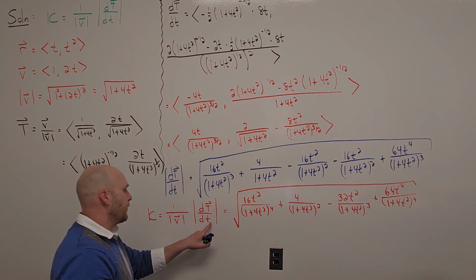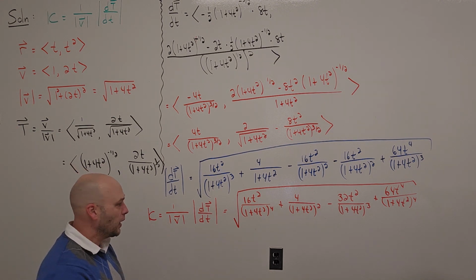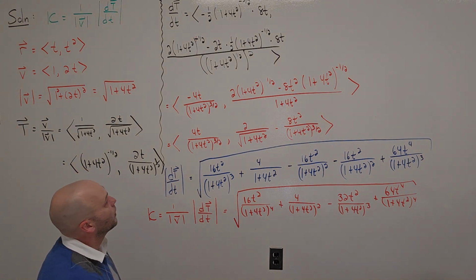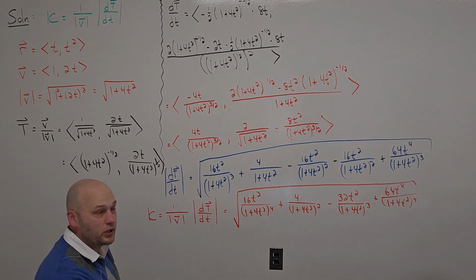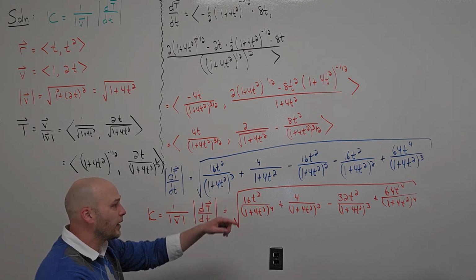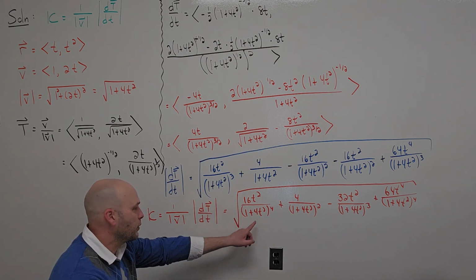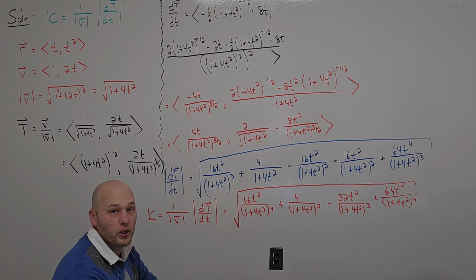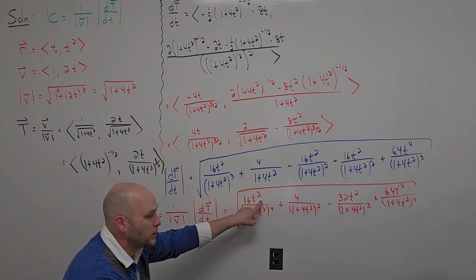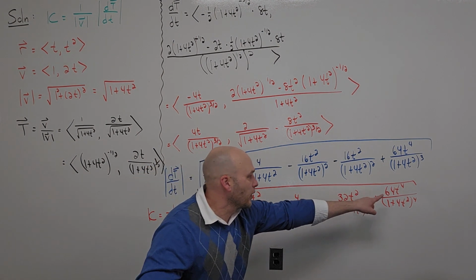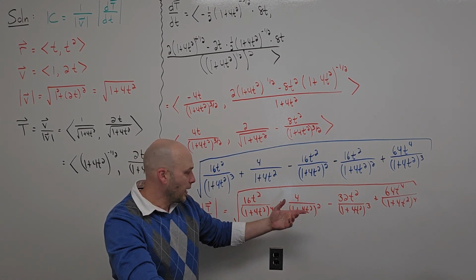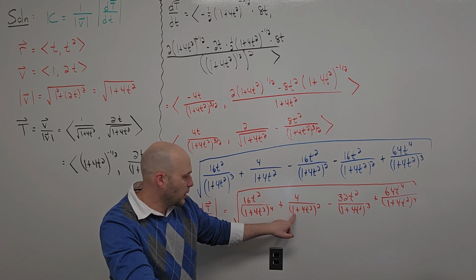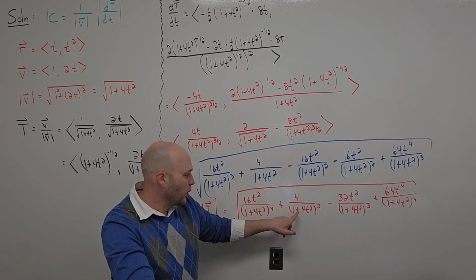So there is the formula for the curvature, and remember, we wanted the curvature evaluated at t equals 0. Well, that's going to work out really nice, even though that looks messy, because look what happens when I plug t equal to 0 into this. This term is 0, this term is 0, this term is 0, this term right here is the only thing that's non-zero, and I plug 0 in, that's going to be 1 plus 4 times 0, which is 1.